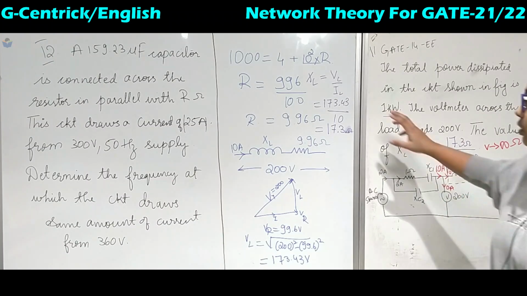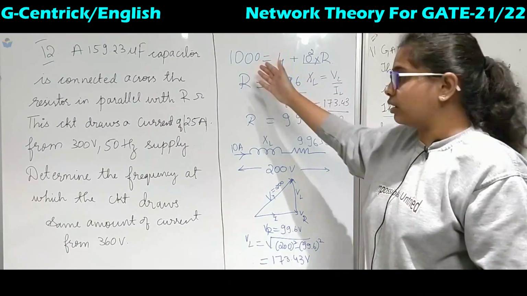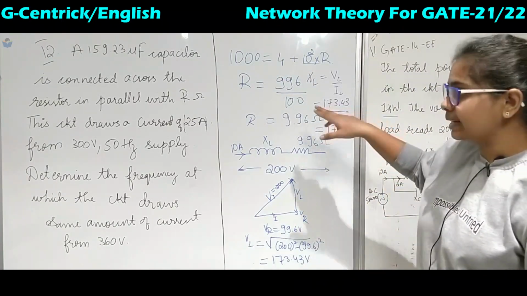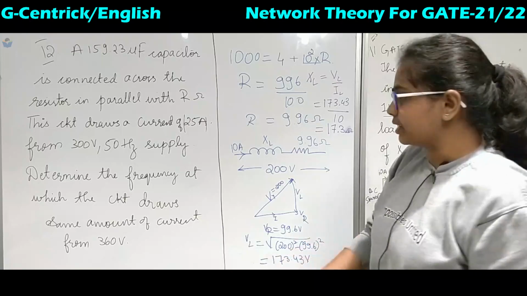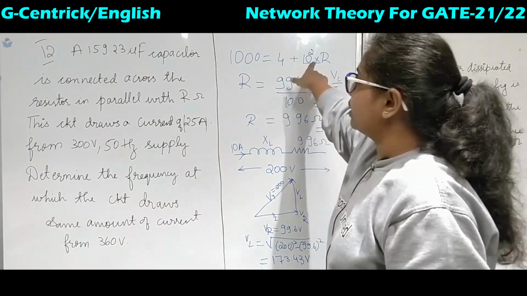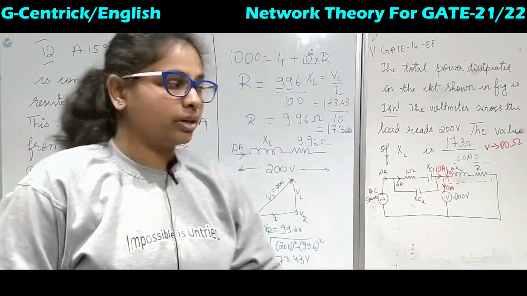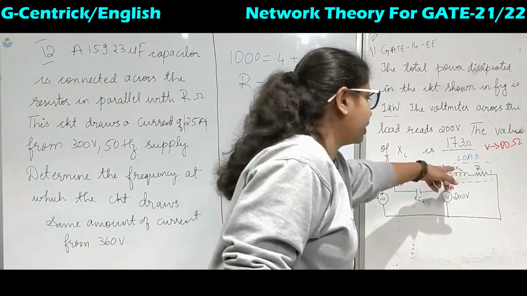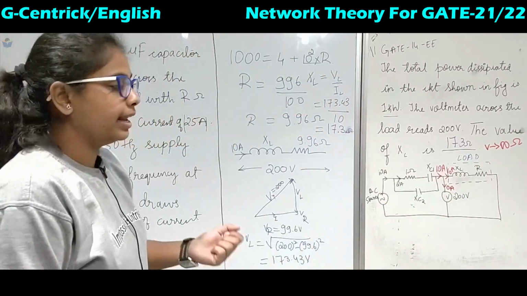Okay, so they have given already the total power dissipated in the circuit, and the only heat dissipating element is the resistor. Okay, so this resistor will dissipate the heat, and that is why we have taken the total power dissipation only for the resistive elements, and the capacitor and the inductor are the storing elements.